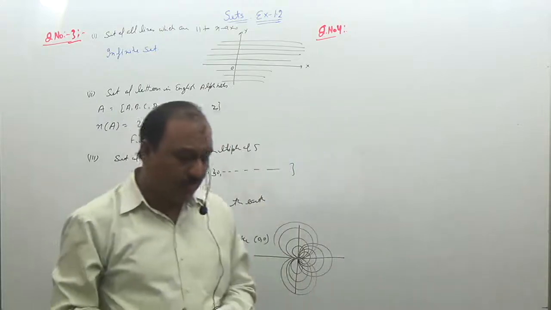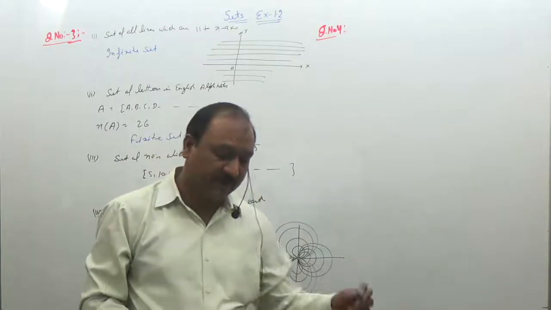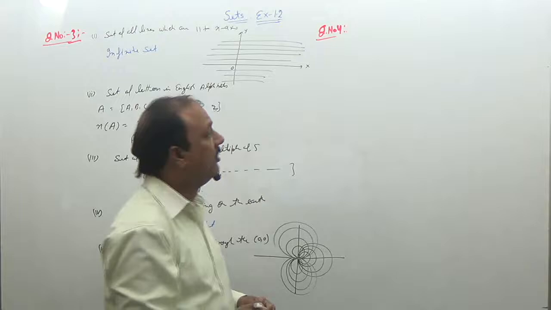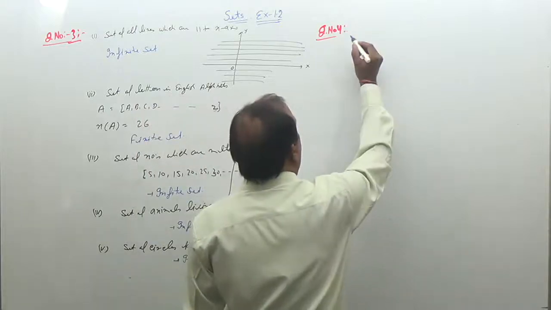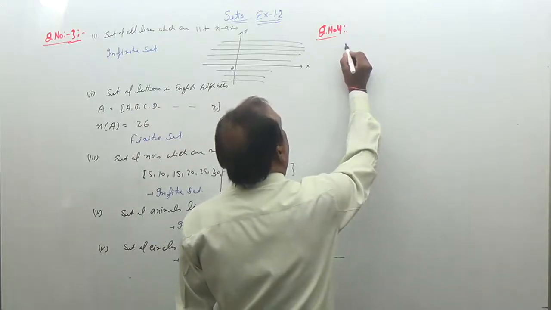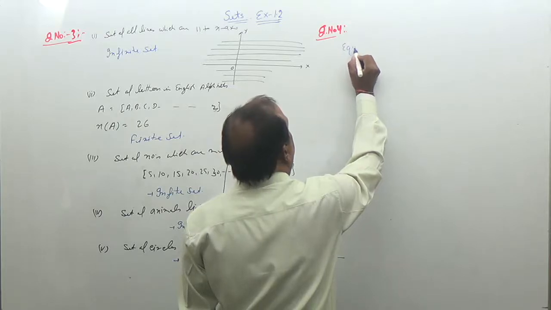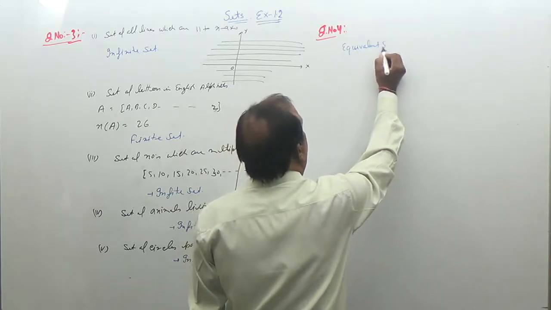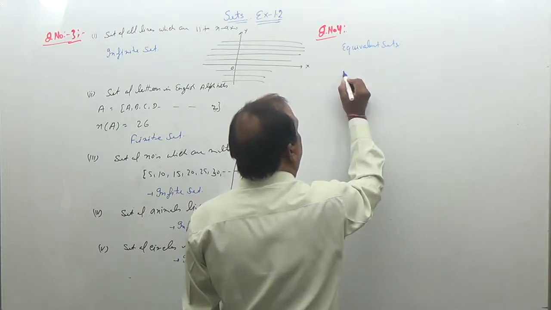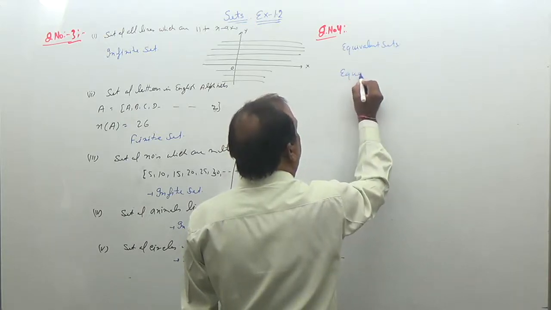So there are 2 points. One is equivalent sets and second is equal sets. So first, अगर इस क्वेश्चन को सॉल्व करना है तो पहले यहां पर हम डिस्कस कर लेते हैं इक्विवेलेंट सेट्स एंड इक्वल सेट्स.